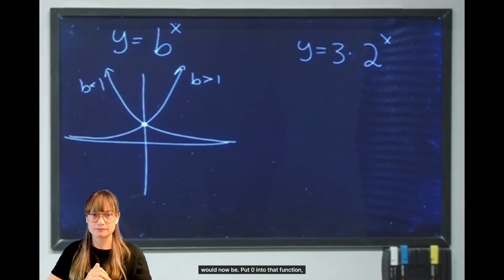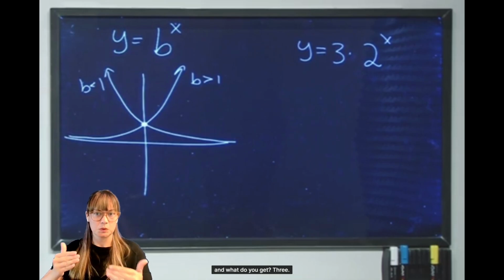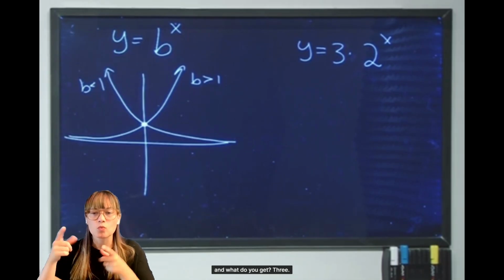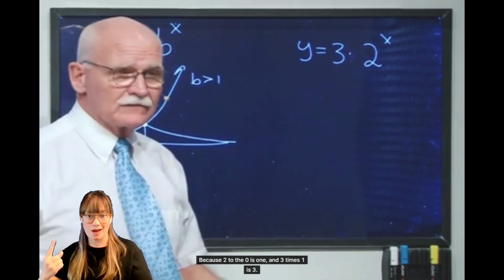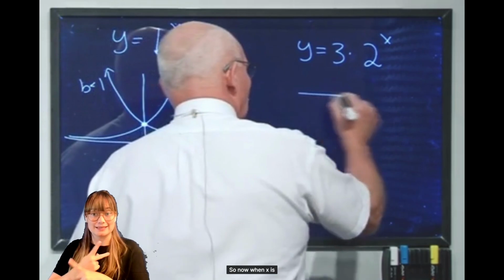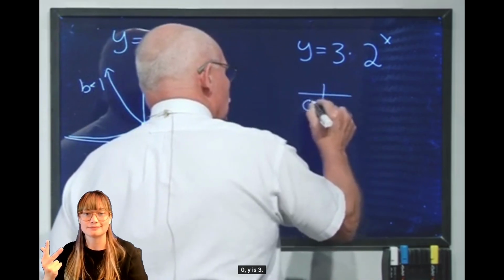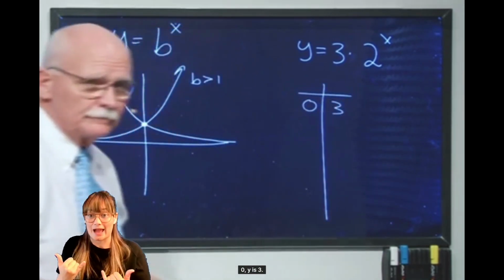Put 0 into that function, and what do you get? 3. Because 2 to the 0 is 1, and 3 times 1 is 3. So now, when x is 0, y is 3.